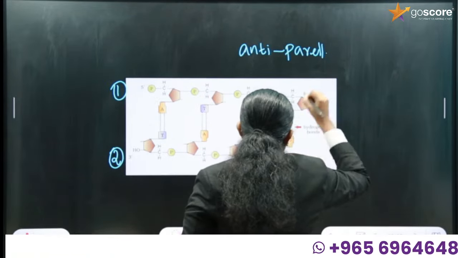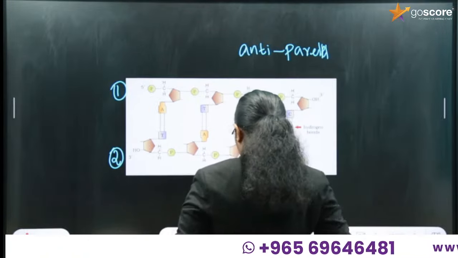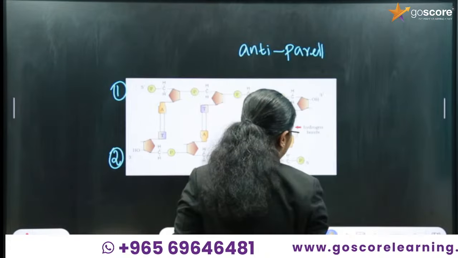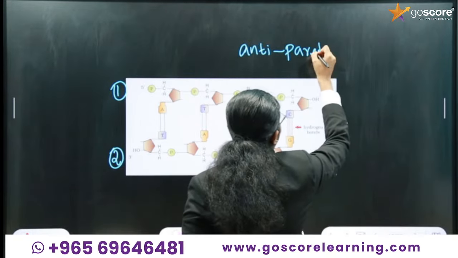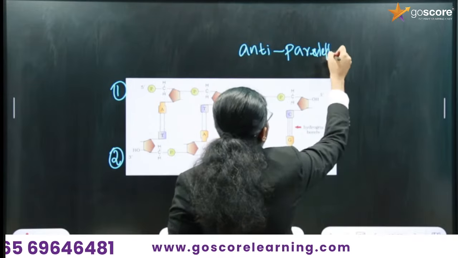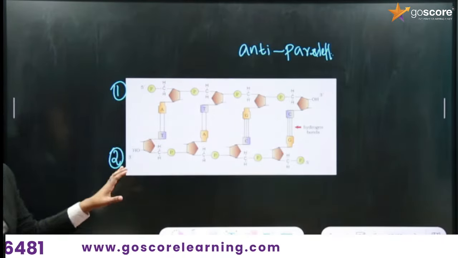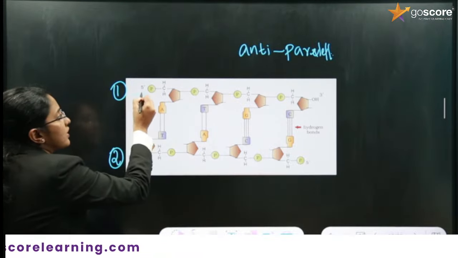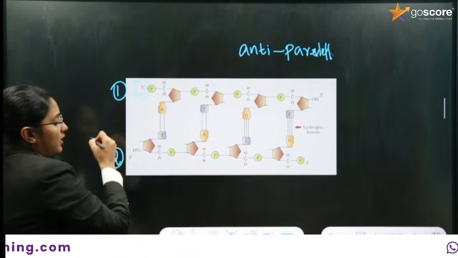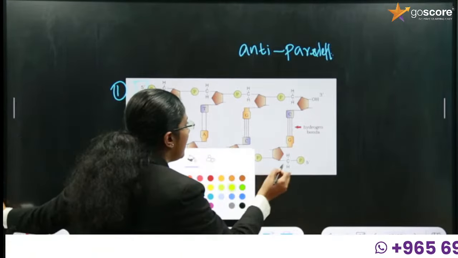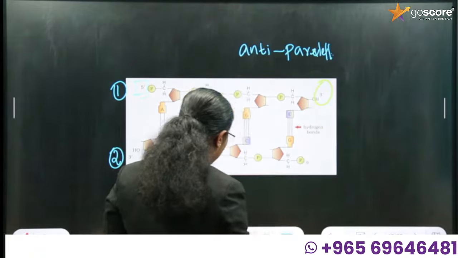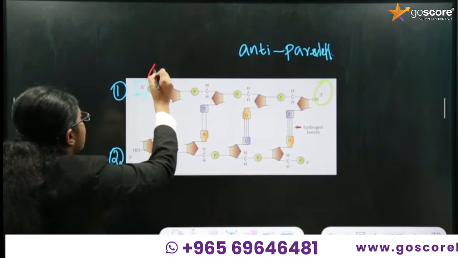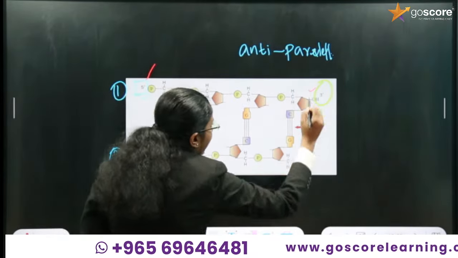See, if you are considering the position in the first polynucleotide, this one is the 5 prime position and this is the 3 prime position. The first one is in 5 prime position and the second one is in 3 prime position.